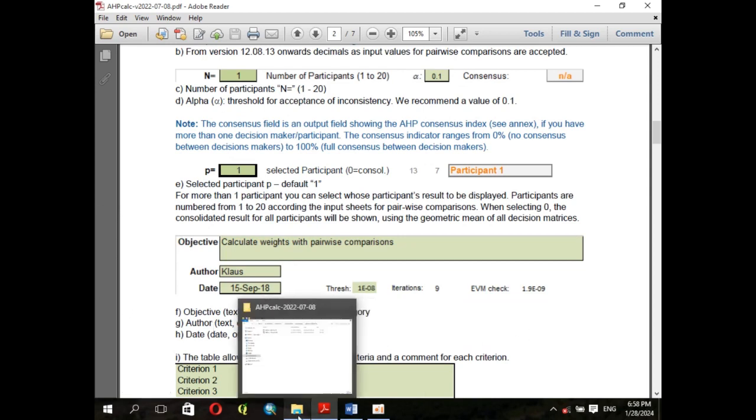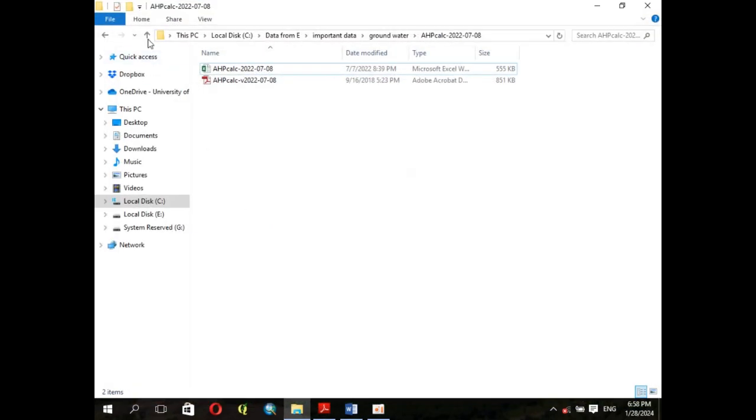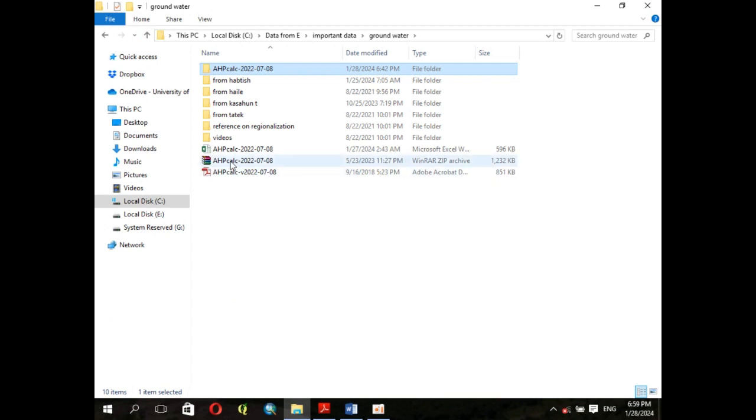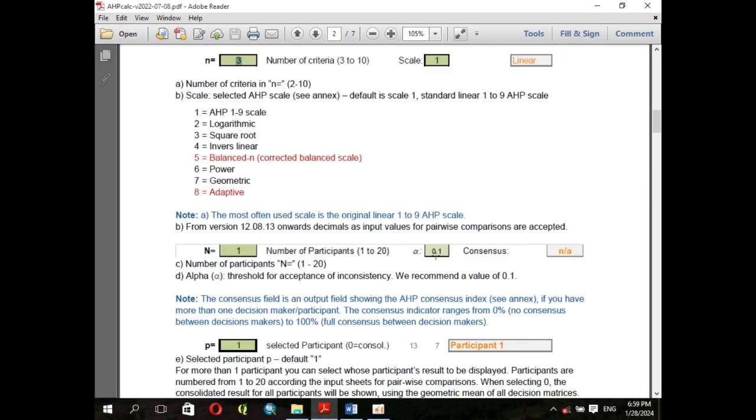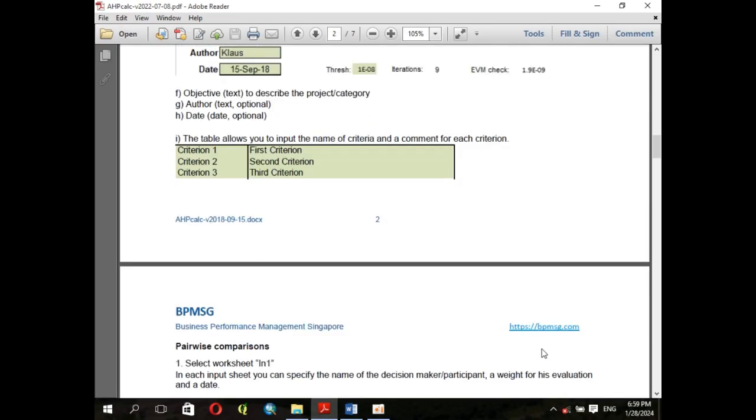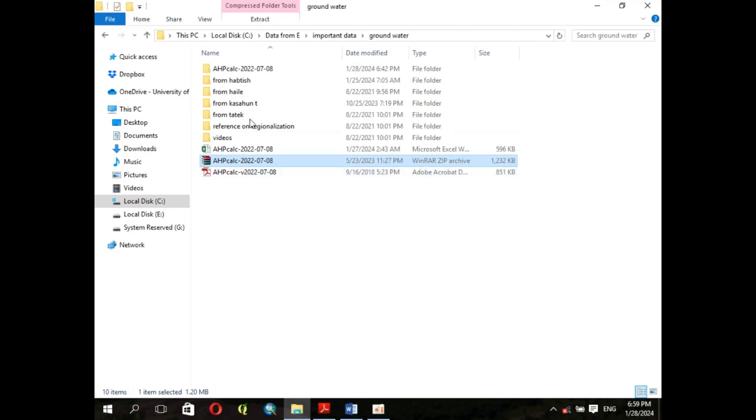So to do this there is a tool. We can download this tool from this link, yeah. Actually you can download from this one, pmsg.com. You can simply download from this link, this zipped file, yeah.